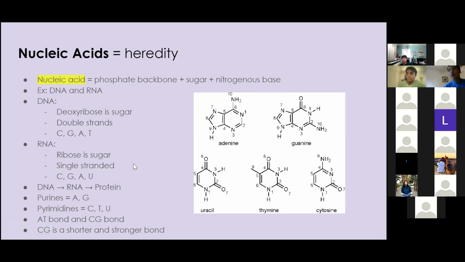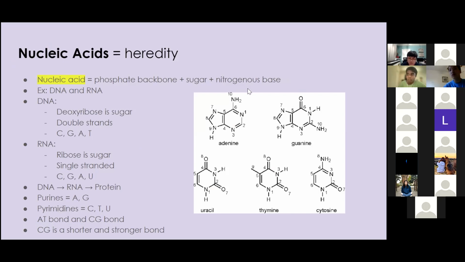Okay, the last type of macromolecules are nucleic acids, which, as many of you know, are DNA and RNA, the main ones. Nucleic acids are the ones that transfer the hereditary information from parent to offspring, and they have a phosphate backbone, usually a sugar and a nitrogenous base attached.